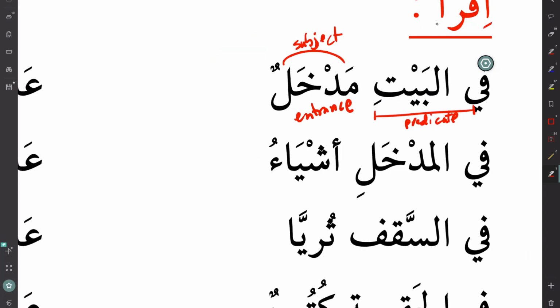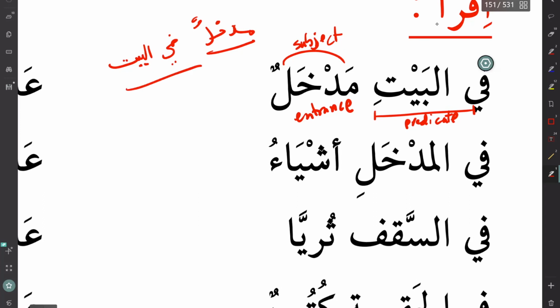It's almost as saying madkhalun fil bayti. Why? Because your main topic is madkhal. You're talking about the madkhal. Now you're describing the madkhal. You're saying what is about the madkhal, what is about the entrance. So this type of sentence in English is called fronted predicate, where the predicate comes before the subject.